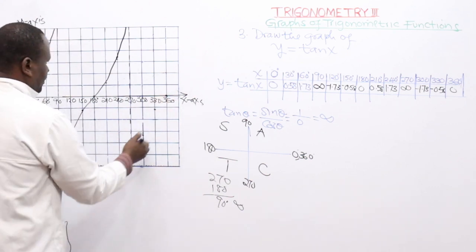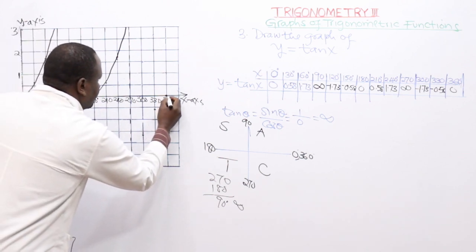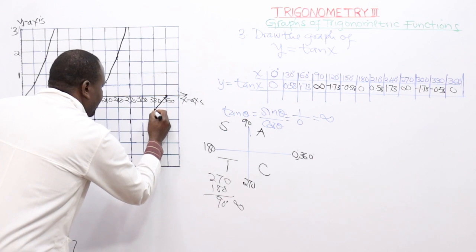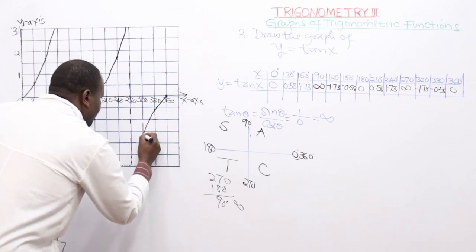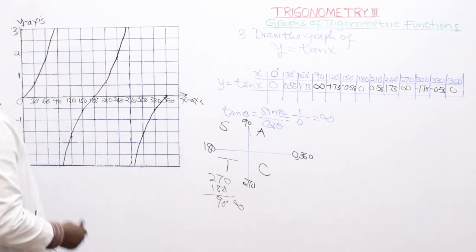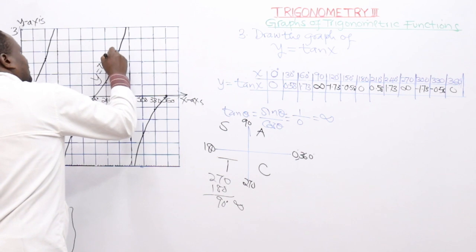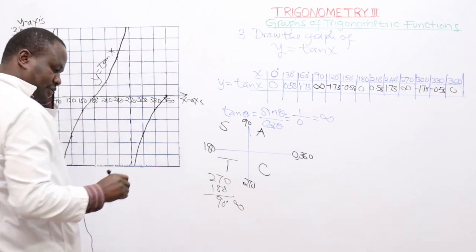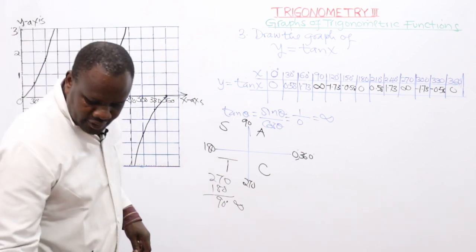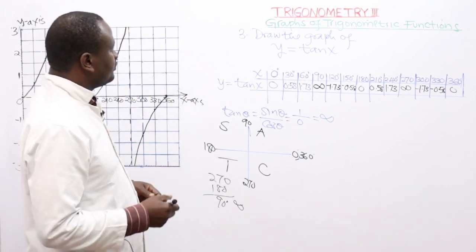Then you draw. It should look like this. It should be symmetrical to the other one. So that's how the graph of y equals tan x should look like. So in short, that's how we draw the graph of y equals tan x.